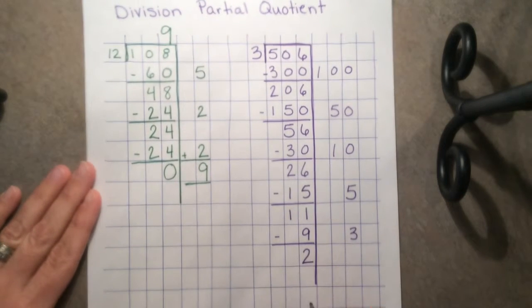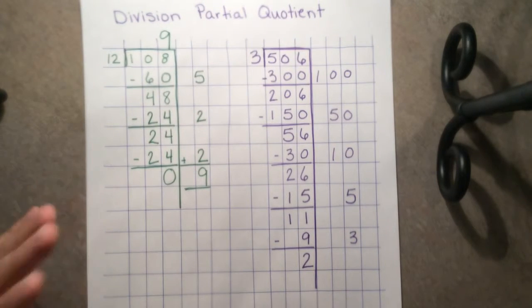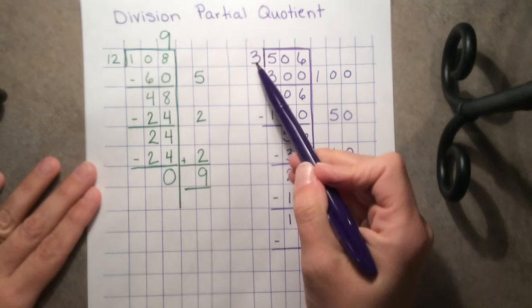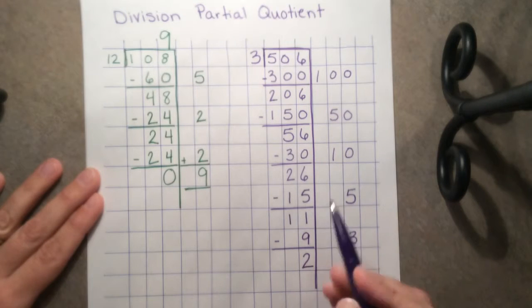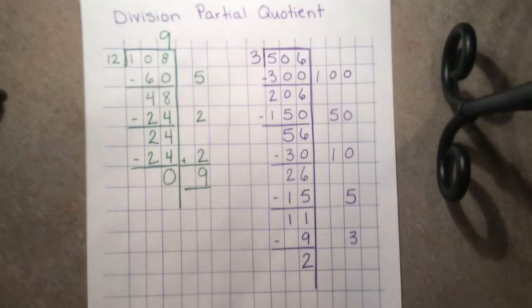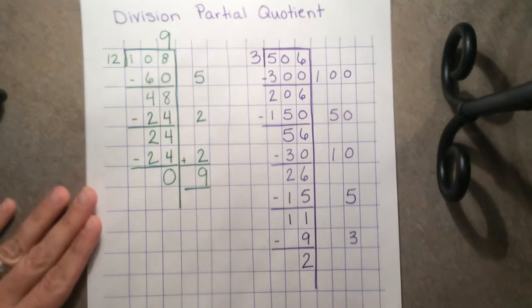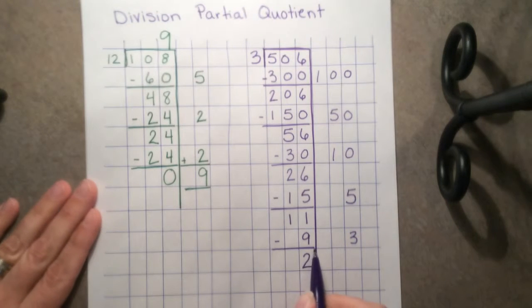This is when students may panic. What do I do? 3 may not go into 2, or I cannot get another group of 3 from 2 because there are not enough. This is where the remainder is.